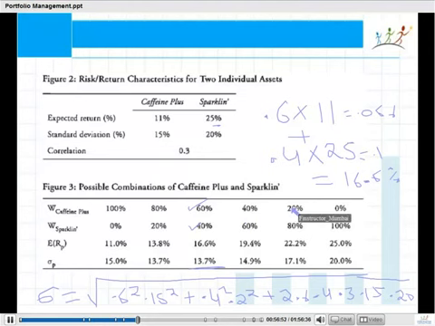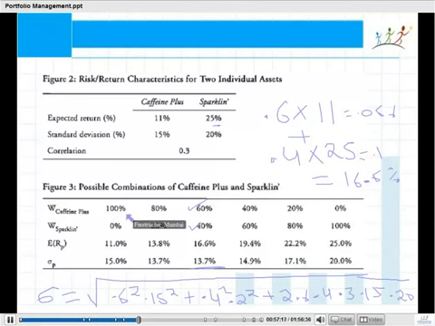If I had 20% Caffeine Plus and 80% Sparkling, could I apply the same formula in the same manner and compute the expected return and expected risk? So I can create infinite different portfolio combinations by weighting the assets in a different manner.